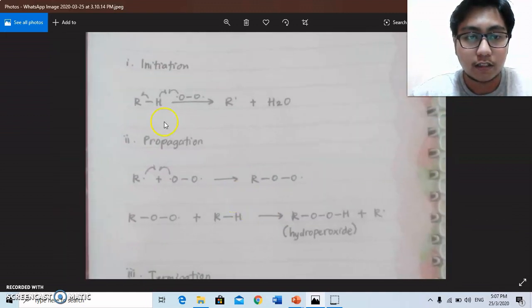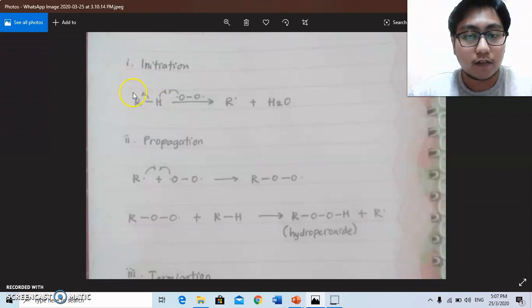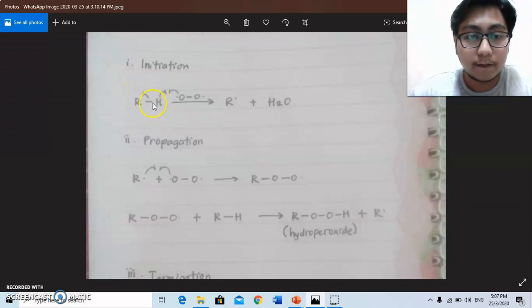Alright, so for the initiation step, here we have an alkyl group, R, of whatever fatty acid that you want. And we can see here that there's an H attached to the fatty acid.